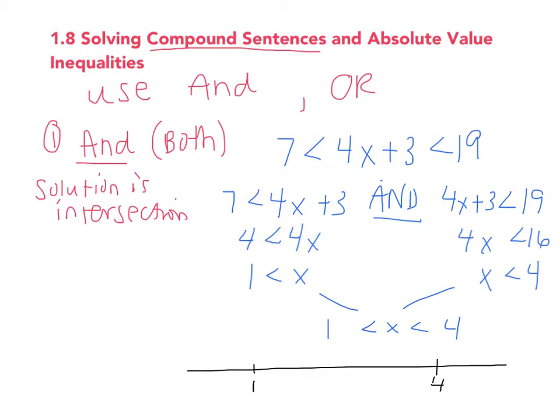To graph our solution set, we use open circles on both 1 and 4 and shade the intersection between those 2 points. A compound sentence containing or is true if at least one part is true.